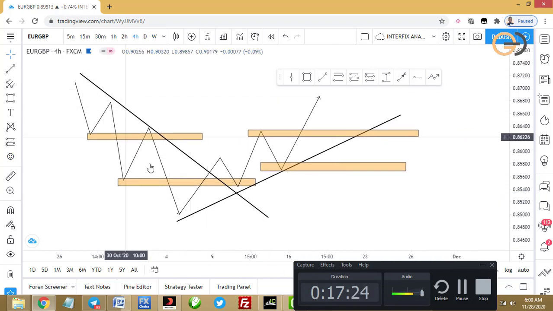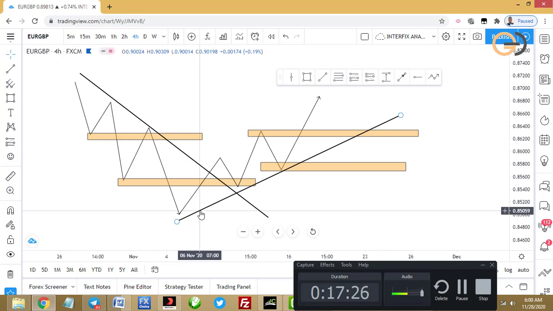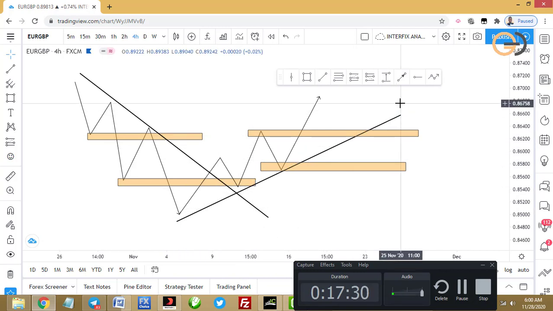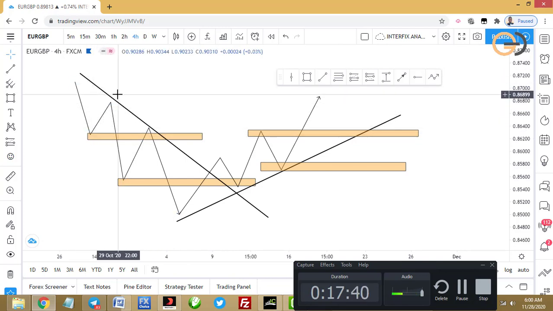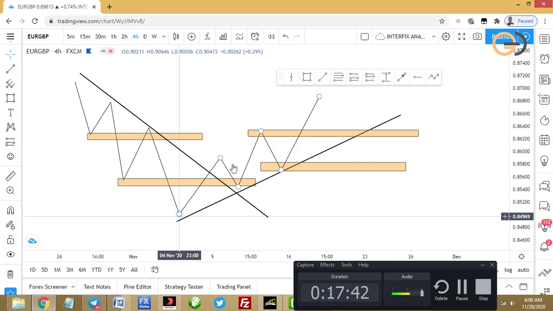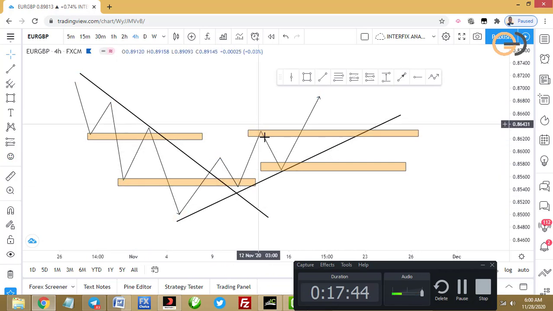The market moves to the downside, which is what we call the bearish trend, and then to the upside, what we call the bullish trend. So the market moves creating highs and lows, lows and highs, and lows and highs, just like that.